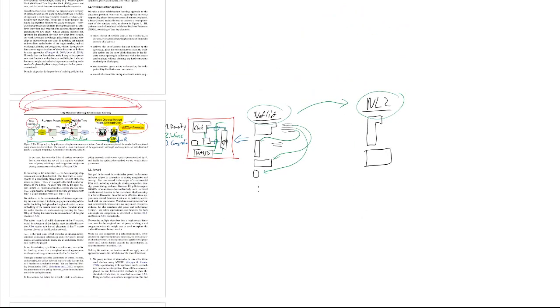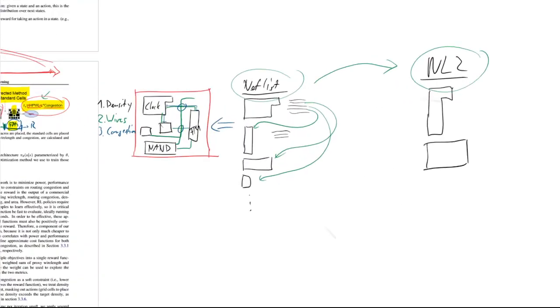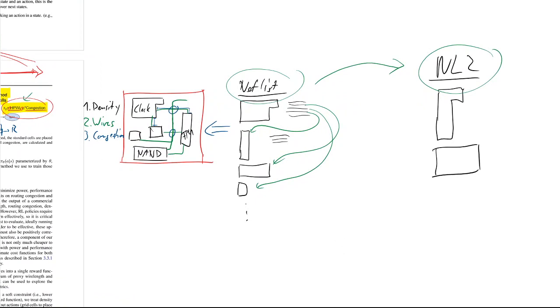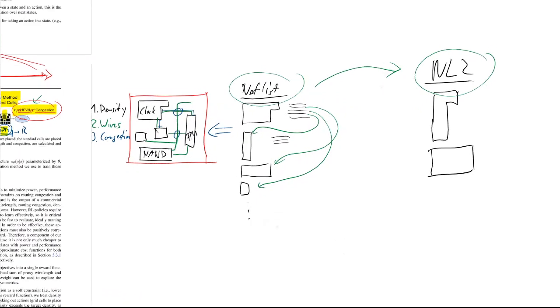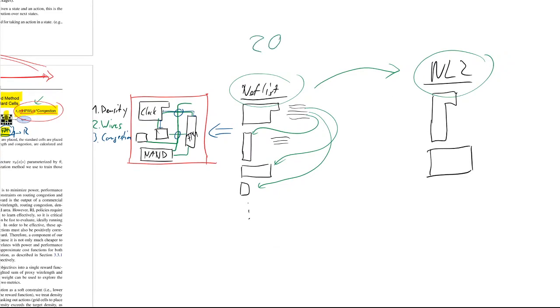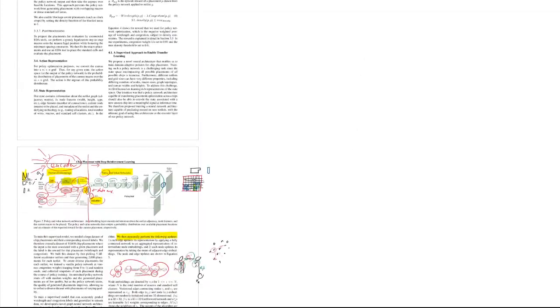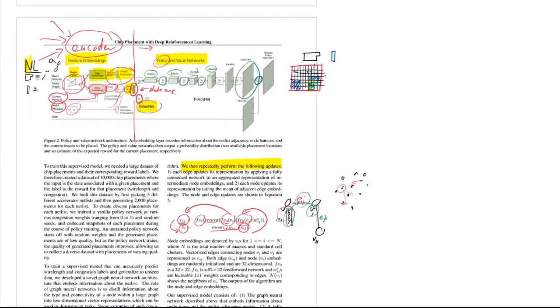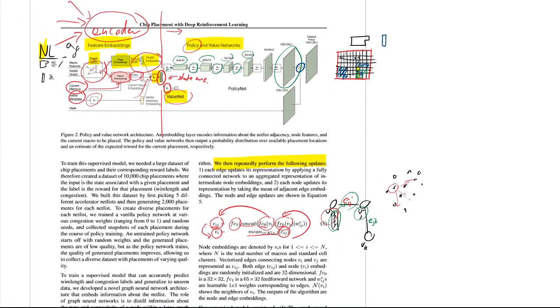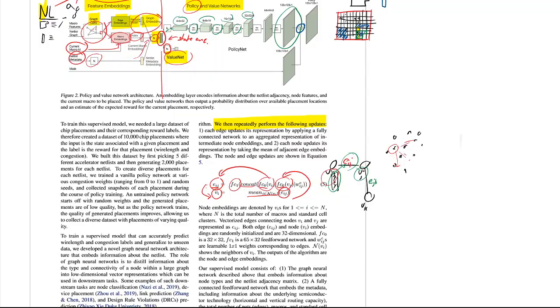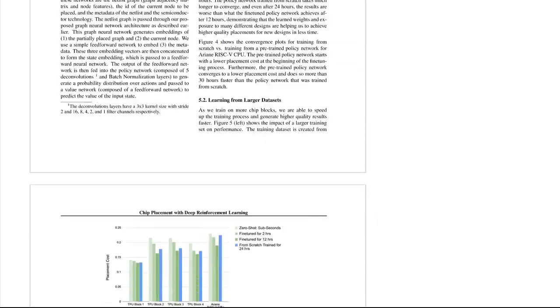And astonishingly enough, if you train the same RL agent, not only on one netlist, but on a set of netlists, and the biggest set they have is 20. So their data set size is 20. Imagine how small this is compared to supervised learning. But maybe think of this like you train on 20 Atari games, and then it will play the 21st one much better than if you started from scratch.